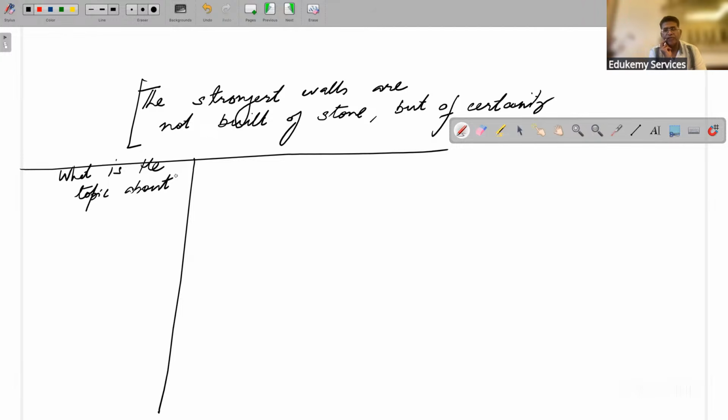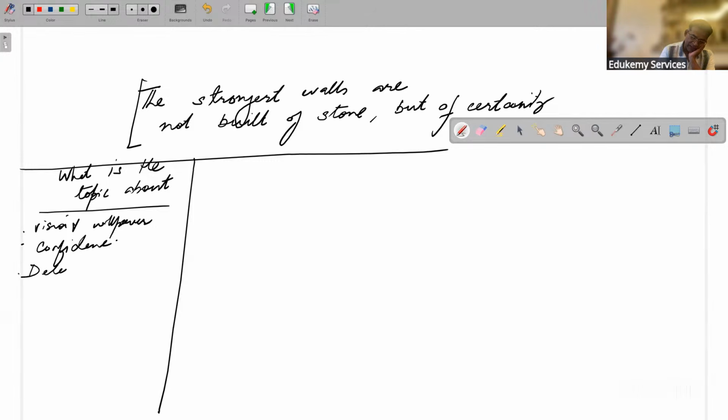Okay, Vikram says the topic is about vision and willpower. Kritika says it's about confidence. Batao, anybody else? It is about determination.